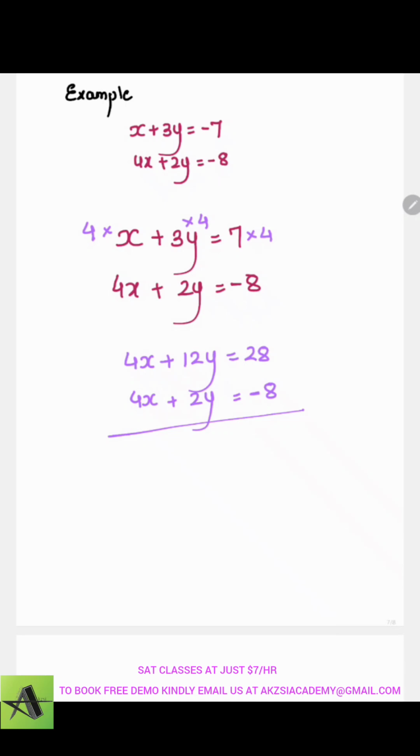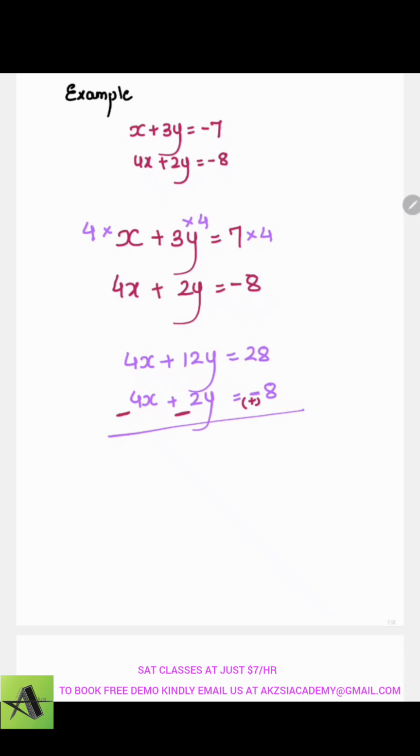And now the next step is you have to subtract them, because ultimately our main aim is to eliminate this variable. After making these coefficients the same, obviously we have to eliminate it, and in order to eliminate, we just need to subtract. So subtract, subtract, and subtract. Minus minus will become plus. Simple, change the sign.